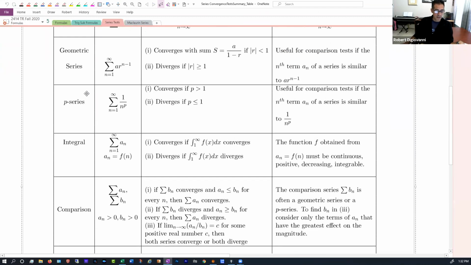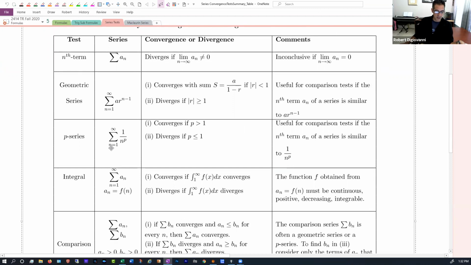The reason is that it's covered right here in P series. If that P is 1, then you are less than or equal to 1, you diverge. So a harmonic series is a special case of a P series when P is 1. That's all it is.